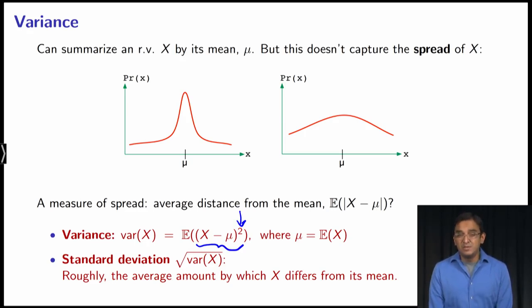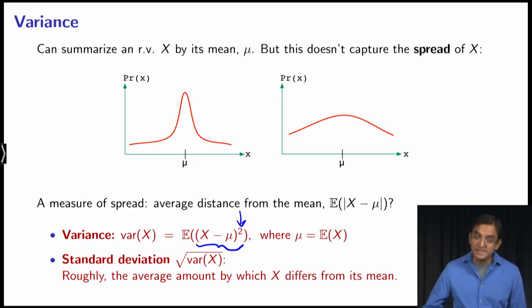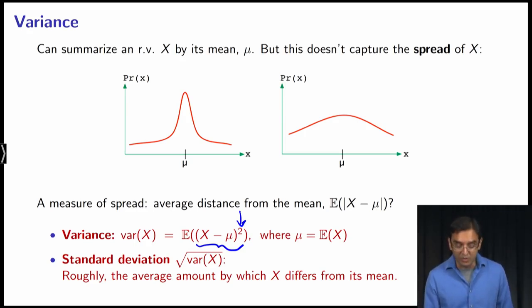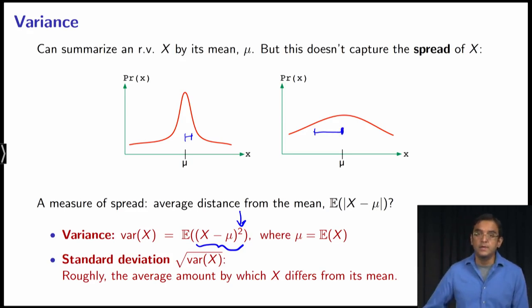Now, intuitively, what we do want is the typical distance from the mean rather than the typical squared distance. And so what we end up doing is to take the square root of the variance, and this is the standard deviation of x. And the standard deviation behaves in the way we'd want it to. On the left, for example, the standard deviation would be something small, whereas on the right, it's something larger.